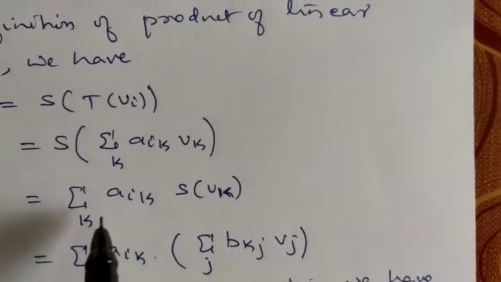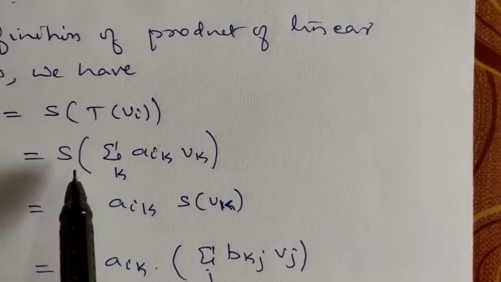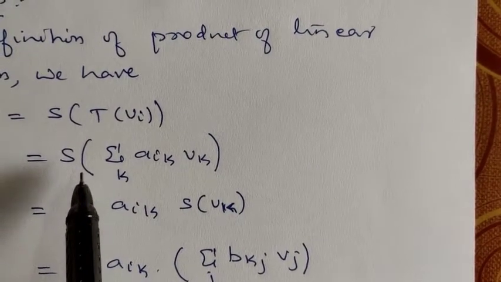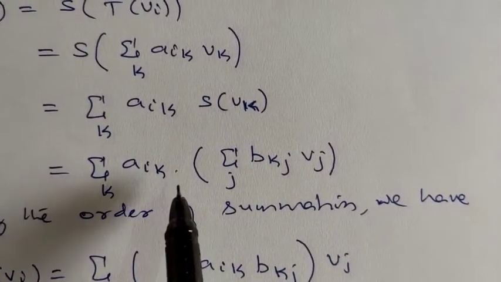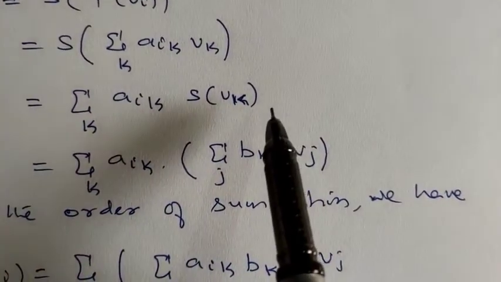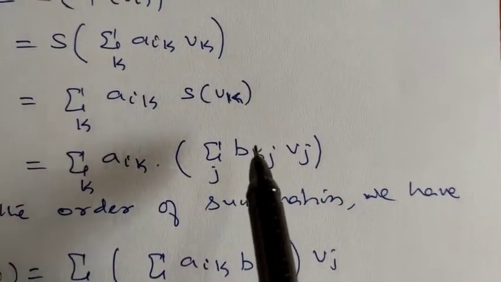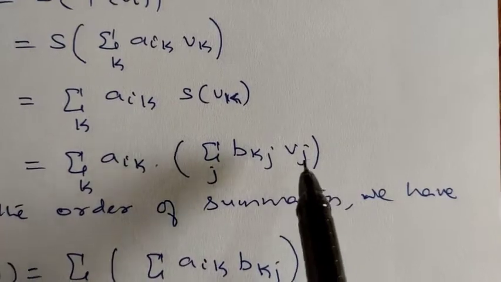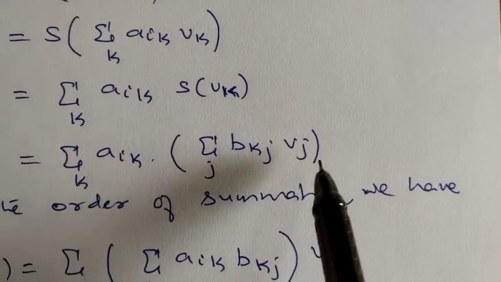This is equal to summation over k, Aik into S of Vk, since S is linear, because S belongs to A of V, meaning it is a linear transformation. S of Vk can be written as summation over j, Bkj Vj, since S of Vi is summation over j, Bij Vj.